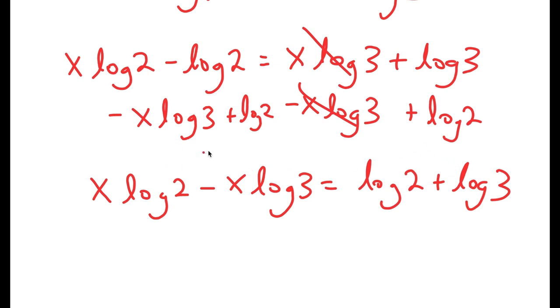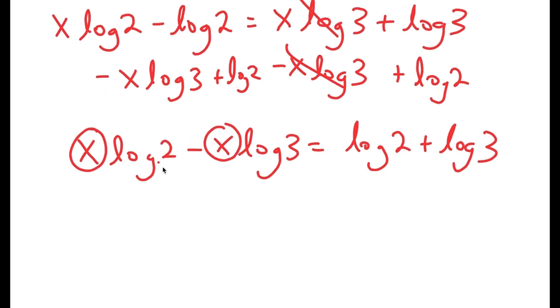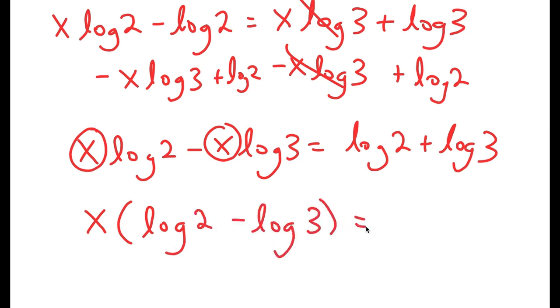Now from here, because these two terms have x in them, I can factor out x. So I get x times log 2 minus log 3 is equal to log 2 plus log 3.